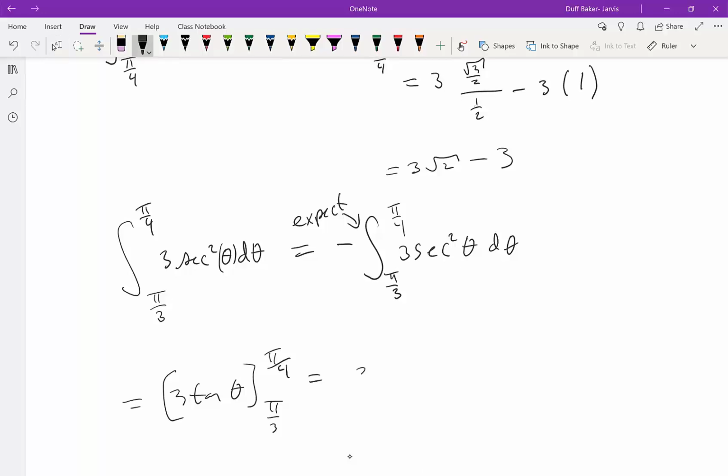You'll end up with 3 minus 3 root 2, which is the negative of 3 root 2 minus 3. So it's exactly the negative of what we got before. I just wanted to comment that you don't have to worry about switching the bounds when you're doing a definite integral. They take care of themselves with the evaluation. Okay.